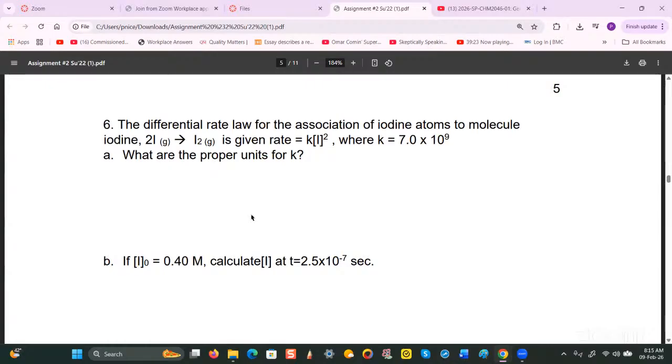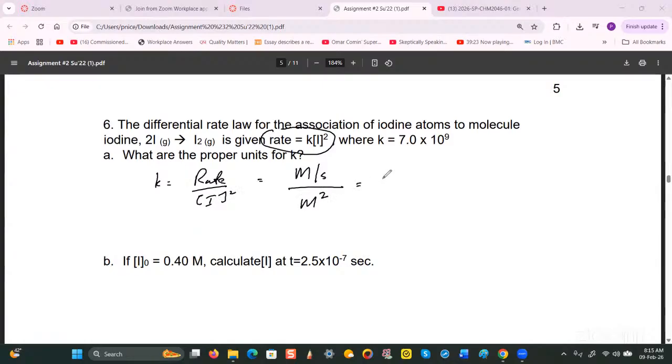So basically, to find the units for K, what we would have to do is rearrange this equation to get an expression for K, which is equal to the rate divided by the concentration of I squared. Now, the rate typically would be expressed in M over S, molarity over second, and the concentration would be expressed in units of M. So because the concentration of I squared, we're going to put M squared here.